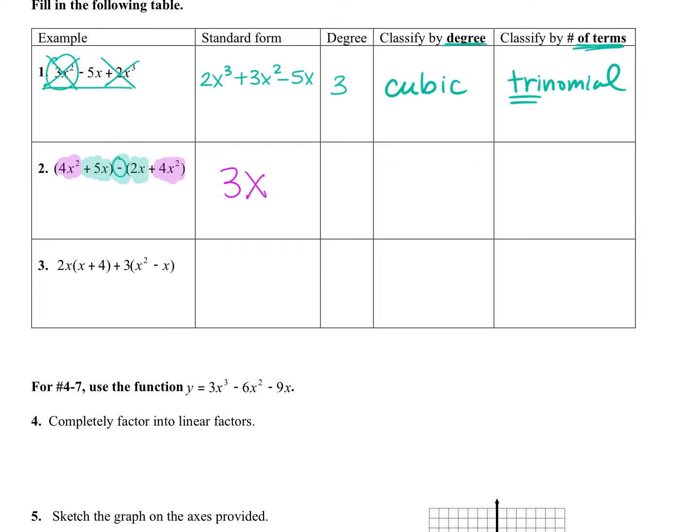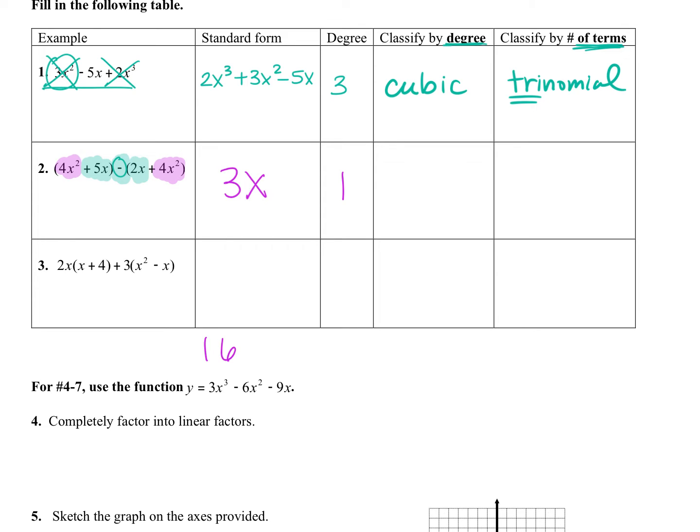What's your degree? 1. It's x to the first power. What's the degree of the number 16? 0, right? Any whole number, integer, something that does not have a variable is a degree of 0, okay? Do you remember what you call a degree of 0? It's a monomial.